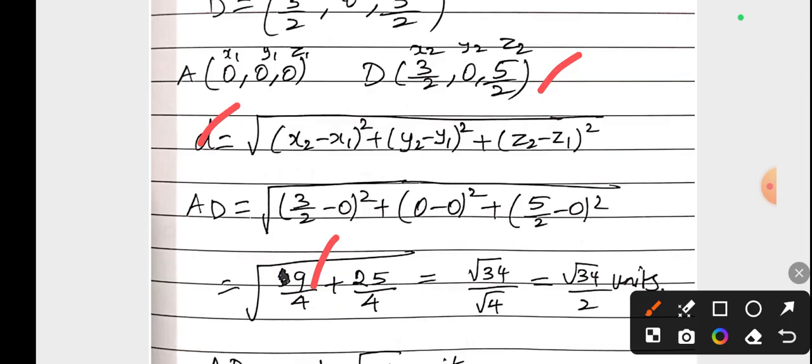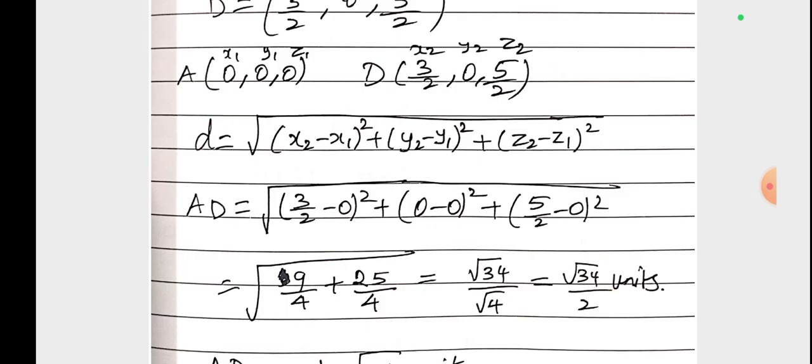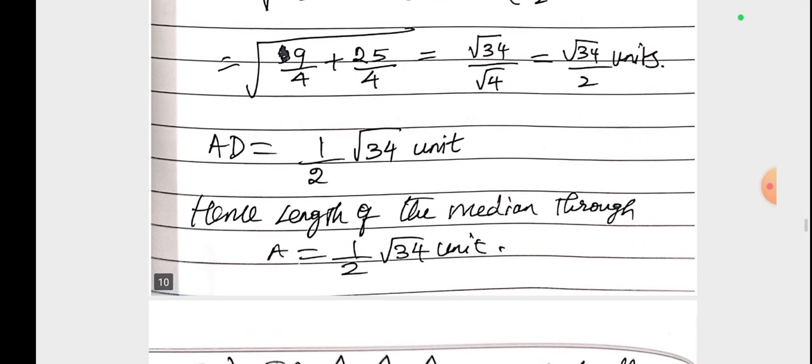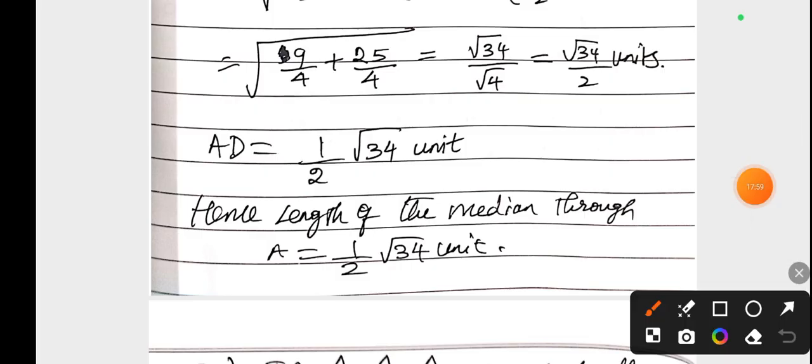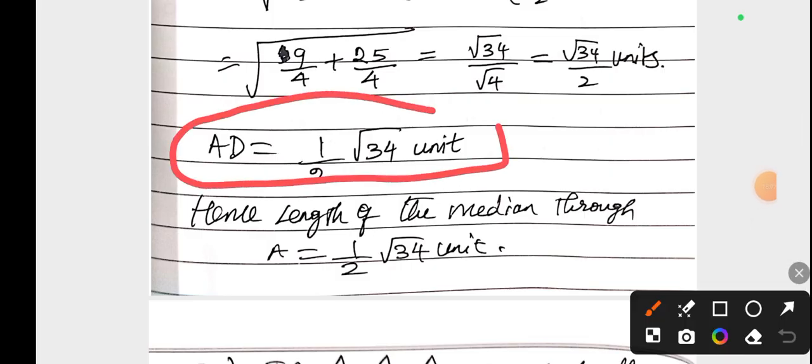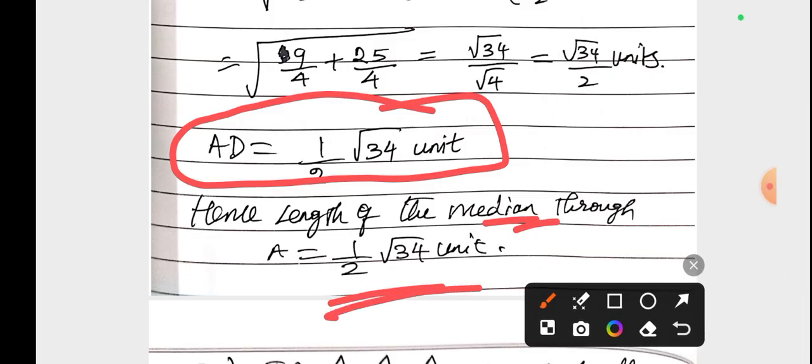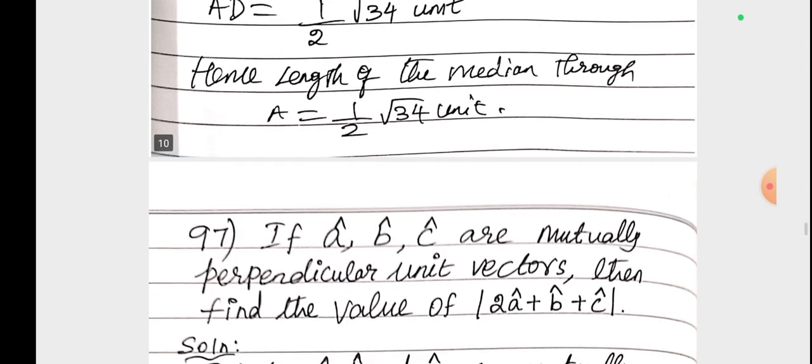So apply root 9 by 4 plus 25 by 4. So we got root 34 by root 4. Root 34 by 2 is the answer. So AD you got it as 1 by 2 root 34 unit. What is the length of the median? Again 1 by 2 root 34 unit. Actually in the final answer they gave square unit, but length of the median, so it was unit only, not square unit.